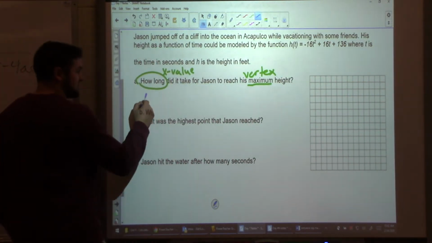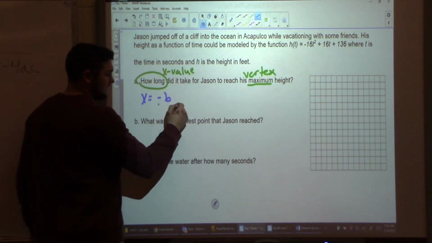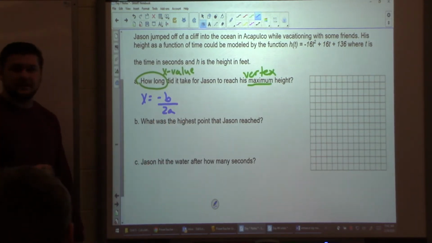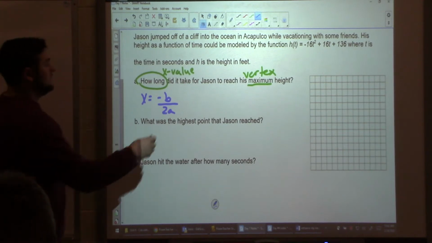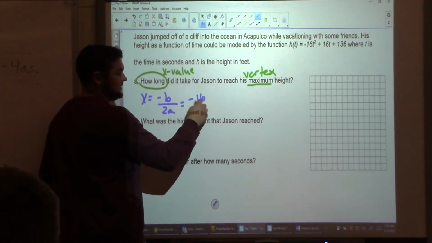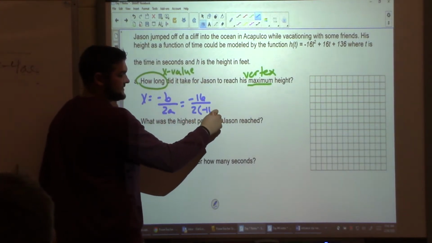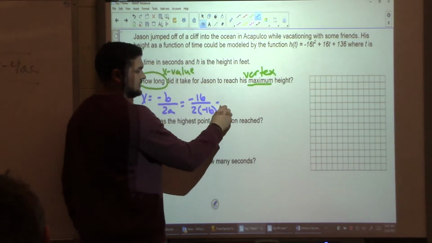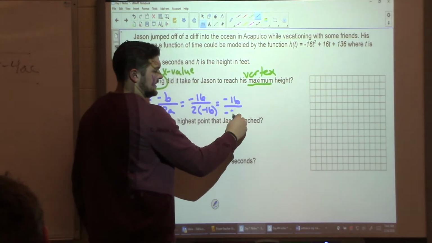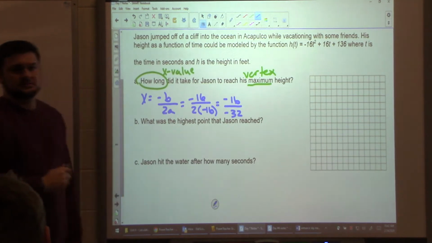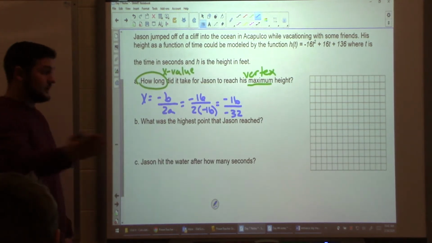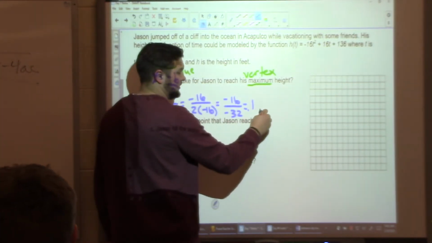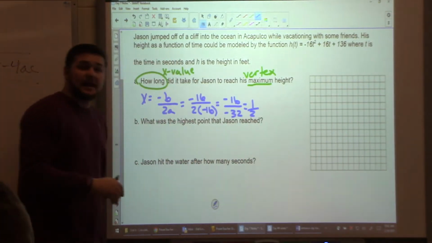To find my vertex in standard form, I do x equals negative b over 2a. Same thing here. I get negative 16 over 2 times negative 16, or negative 16 over negative 32. That reduces to 1/2. Or if you want to use 0.5, I really don't care. Now that's 1/2 what?